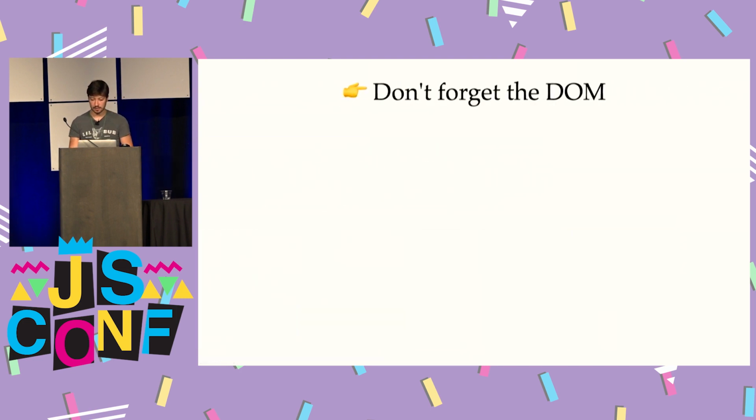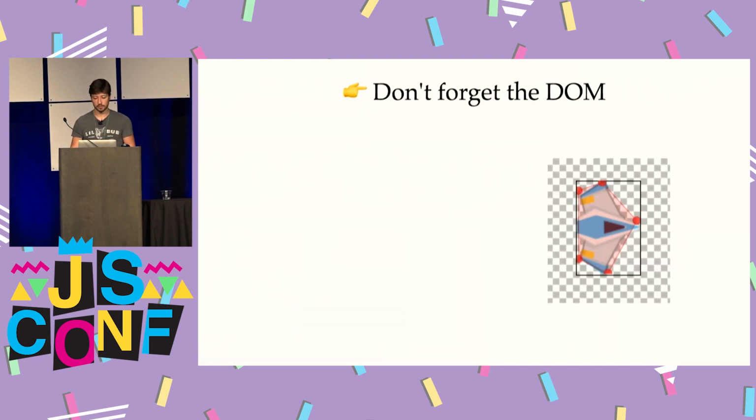Sometimes still you can rely on the DOM. For example, let's say that you have an editor that is displaying an object, here a spaceship, and you want to edit the polygon that is displaying what is the hitbox for the spaceship.